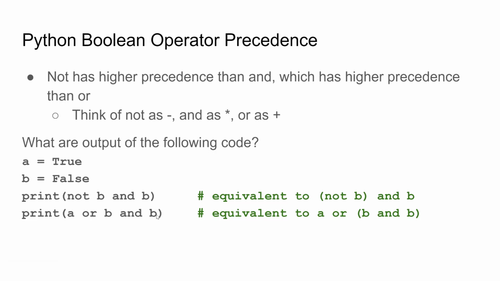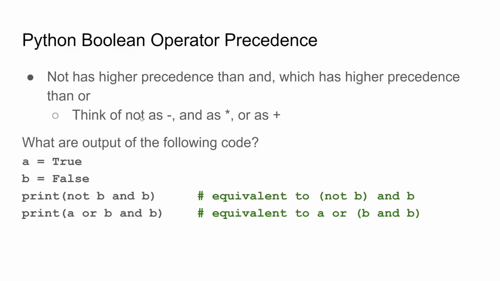So the two different interpretations give us two different values. The precedence here is that not has the highest precedence, so we apply not first. In this case, we have not B first, and then we do and. And and has higher precedence than or. So in this one, we will do B and B first, and then we do A or that.